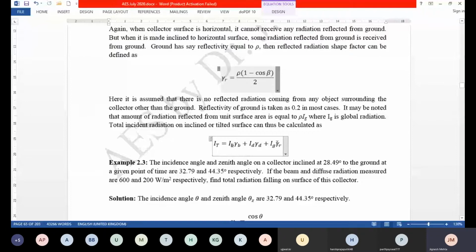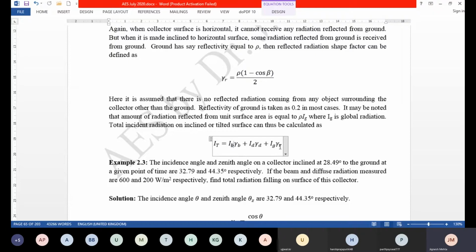IG is the total radiation falling on ground, and out of that, how much would be received by the collector? It will be equal to gamma R. So with this formula, you can get the total radiation available on an inclined surface when the radiation is measured on horizontal plane. IB and ID values are given for the horizontal plane, but your collector is inclined. So in that case, you need to use this formula and find out how much is the input to my collector. That's the input energy to your collector.